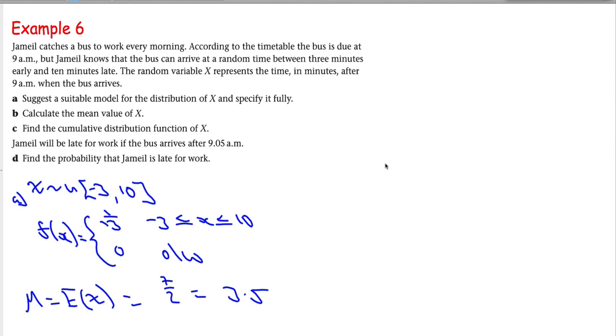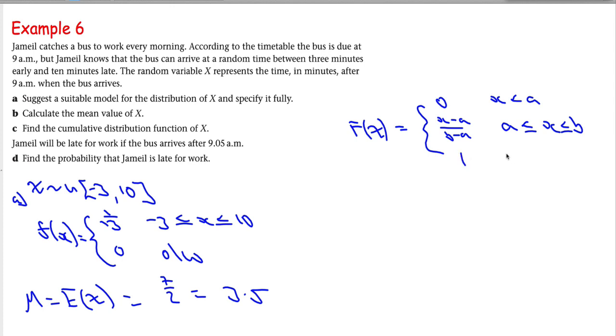So the cumulative distribution function of x. Now, remembering that f of x for a continuous uniform distribution is going to be 0 when x is less than a, it's going to be x minus a over b minus a between a and b, and it's going to be 1 when x is bigger than b. So we can just use that information here again.